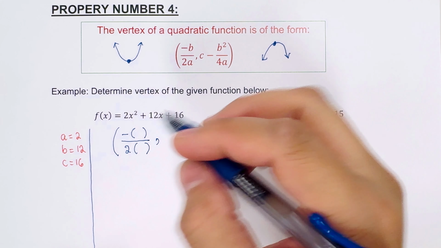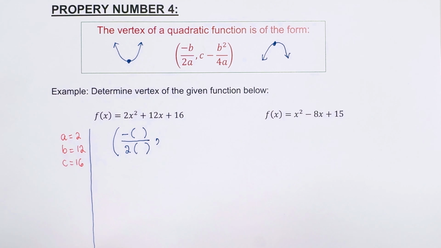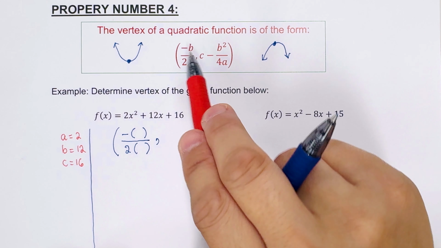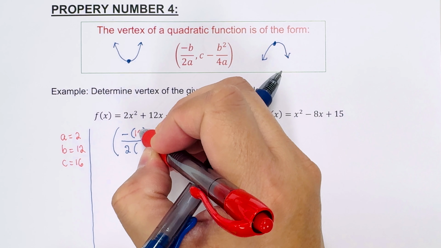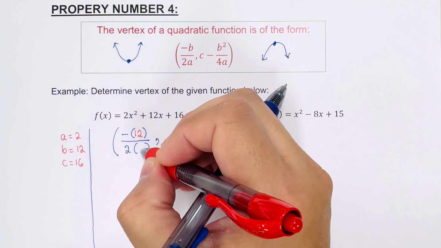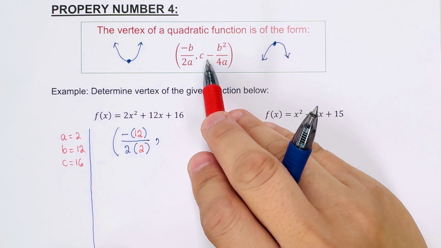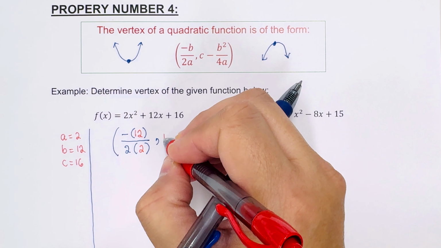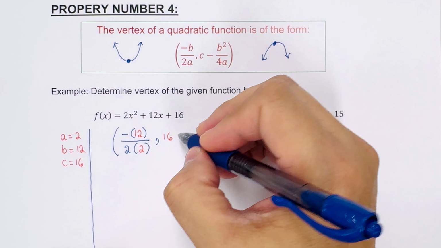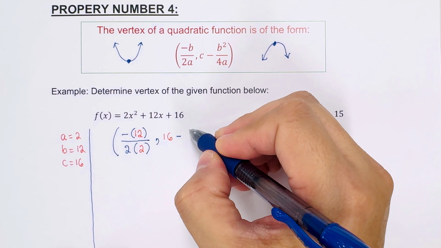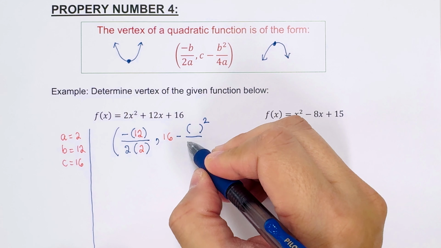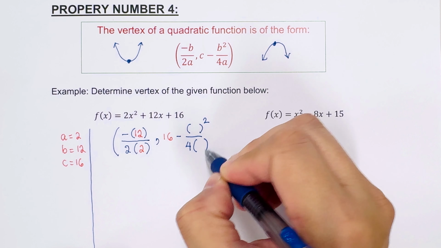What's our c here? 16. So let's plug it in first. So that's b, which is 12, and our a is 2. And then we've got c, which is 16, minus b squared over 4 times a.